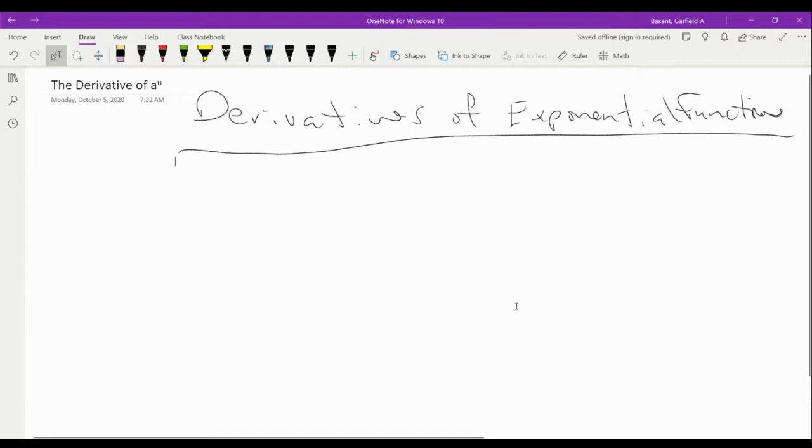Now what we have looked at before is when our function f of x is equal to e to the x, or f of x is equal to e to the u.